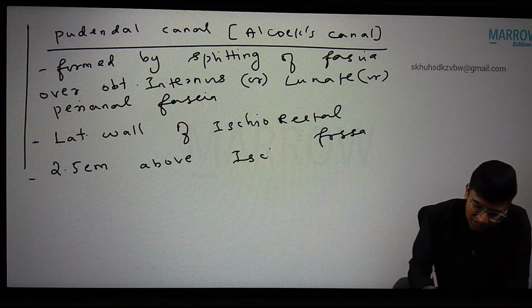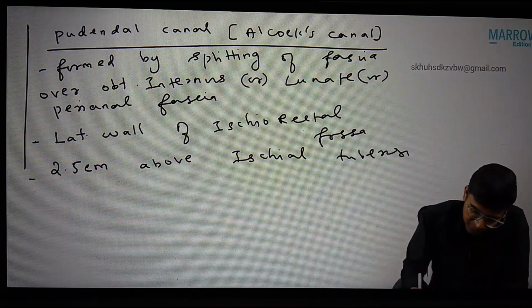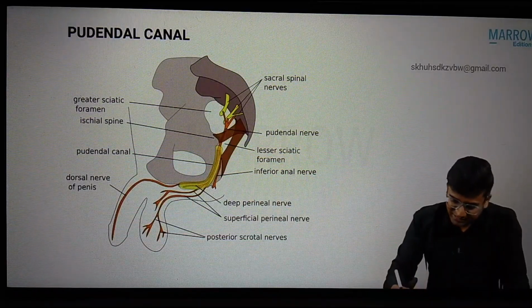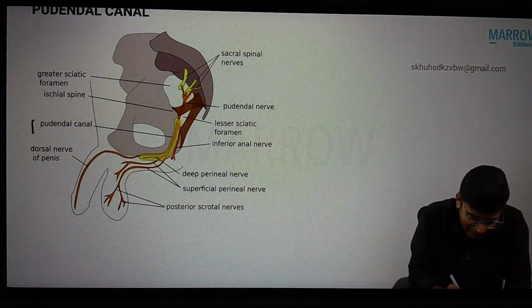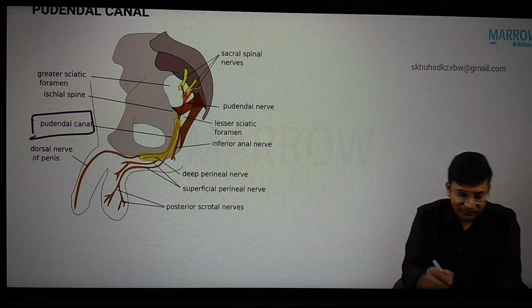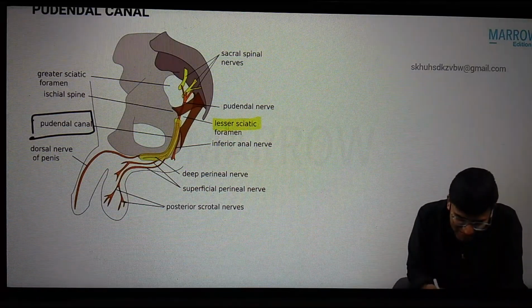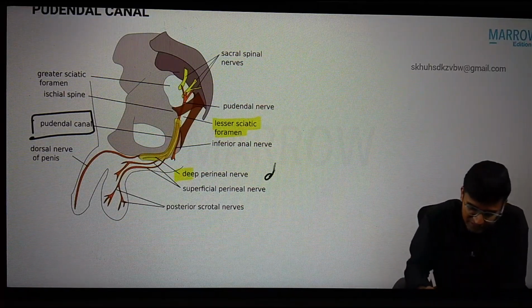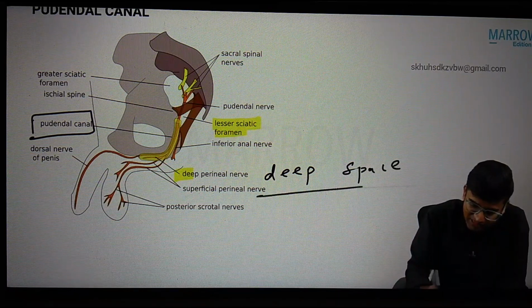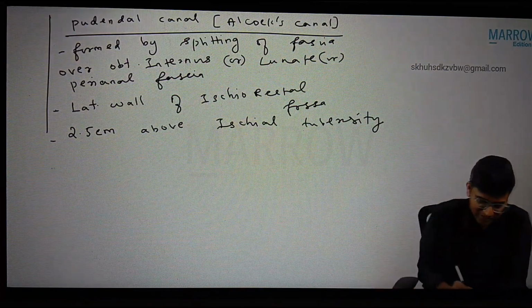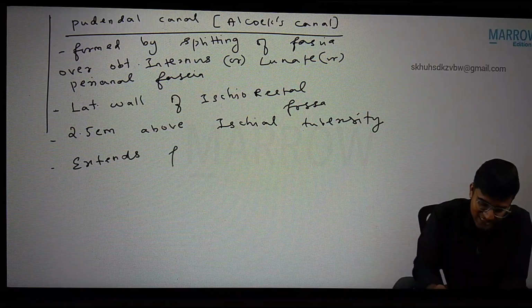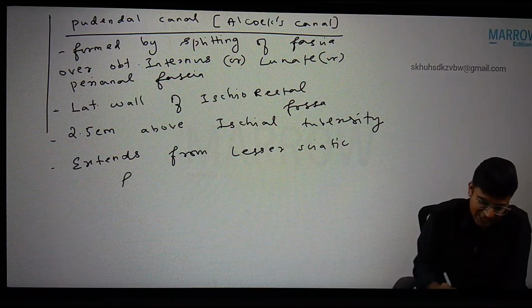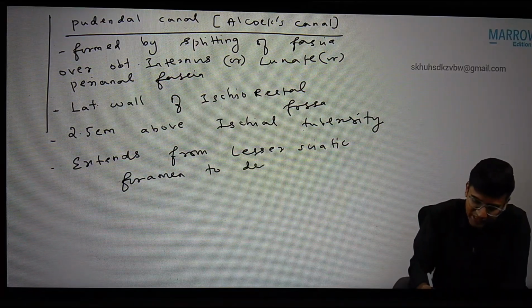See the diagram; here we are seeing the pudendal canal. This canal extends from the lesser sciatic foramen up to the deep perineal pouch.